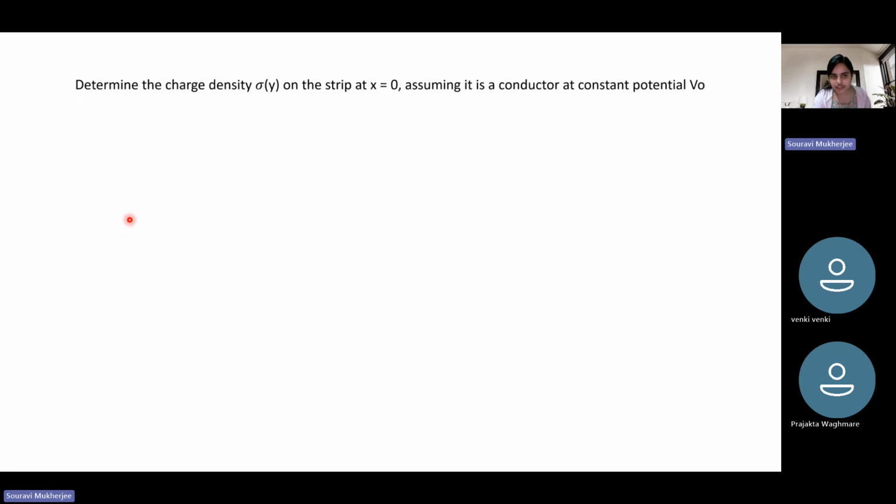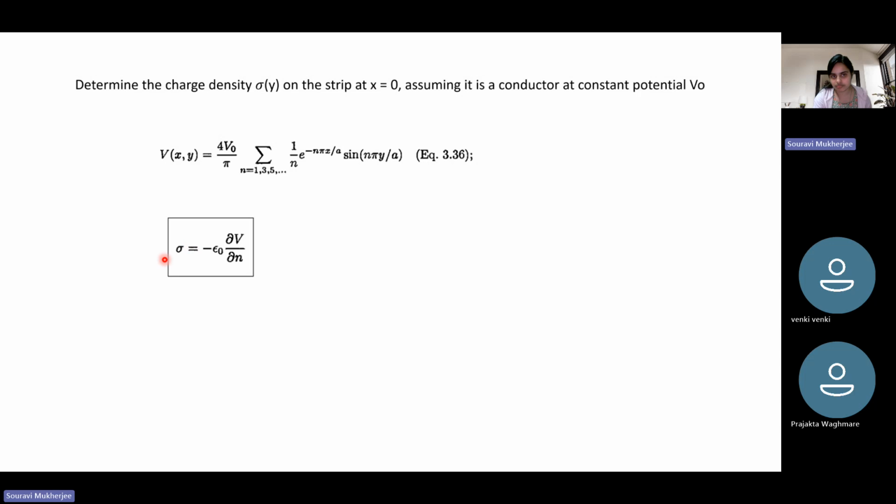And this gives us a relation for the surface charge density on the strip. But how do we get to this relation? Any idea? You can also write in the chat box if you want to.